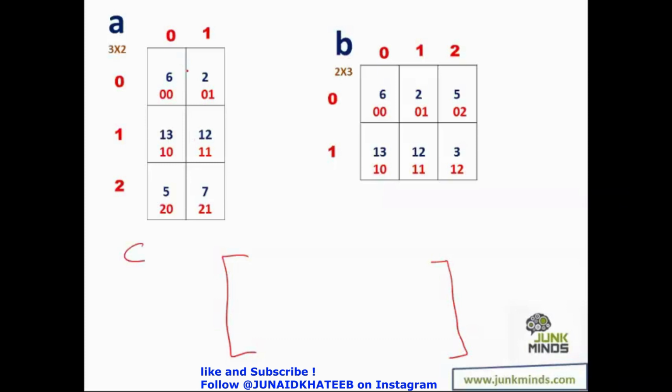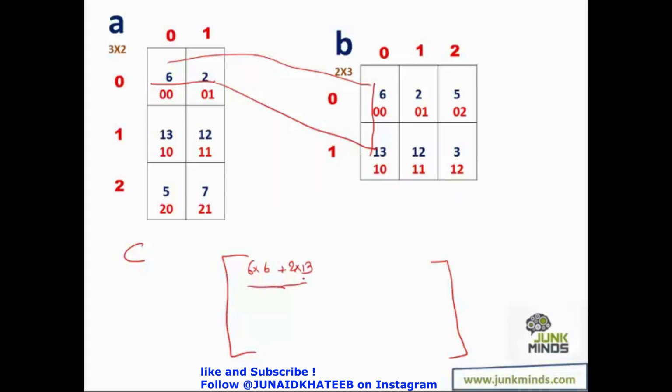Now how do we multiply? We always multiply the rows of the first matrix with the columns of the second matrix. So the first term for this matrix would be 6 into 6, this multiplied by this, plus this multiplied by this, plus 2 multiplied by 13. I hope you know how to multiply a matrix.